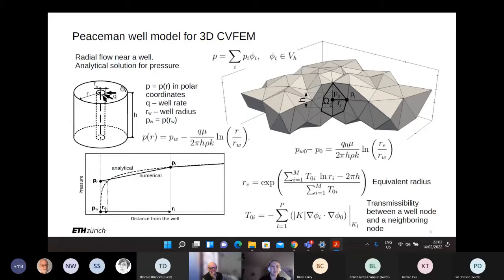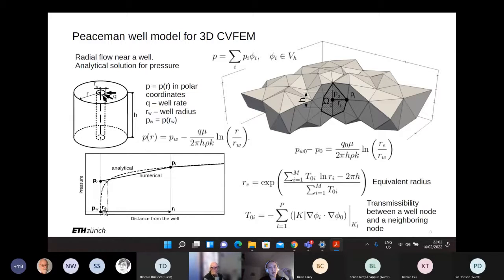Let's consider single phase flow near a single well, and in an isotropic porous medium. And assuming constant fluid properties, we get this analytical solution for the pressure near the well. It looks like this.